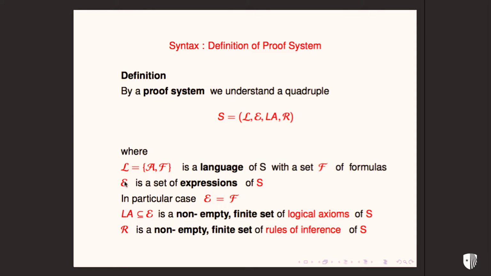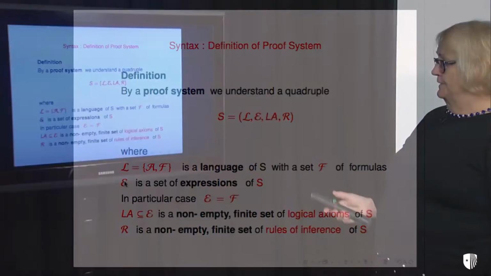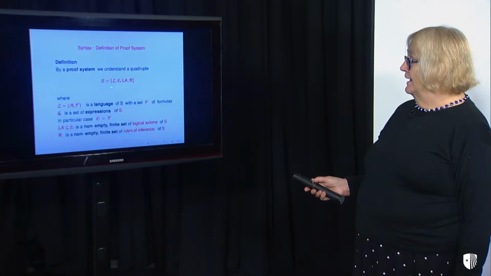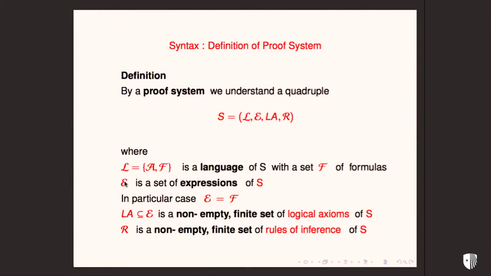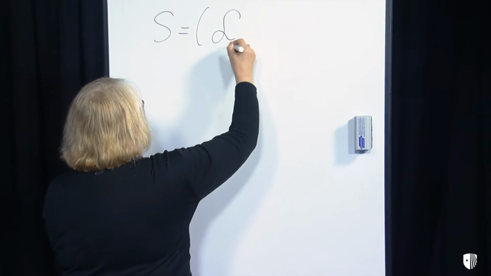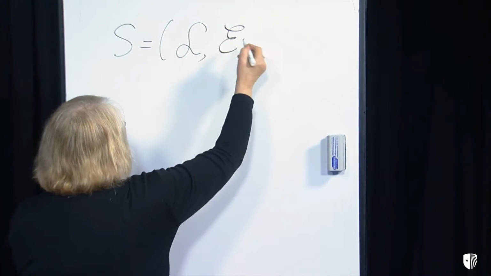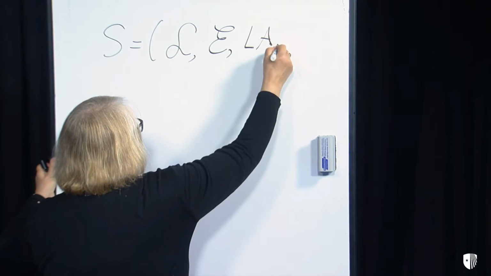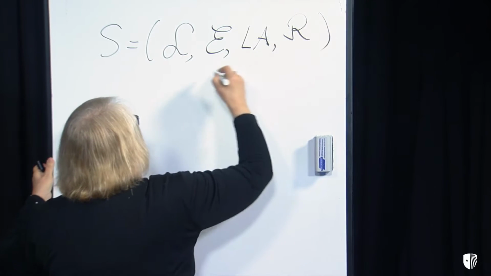To define a proof system, you have four pieces, a quadruple, where, and I am going to write it on the blackboard, S is the language, the expressions, which you can think of as the formulas, the logical axioms, and the rules.